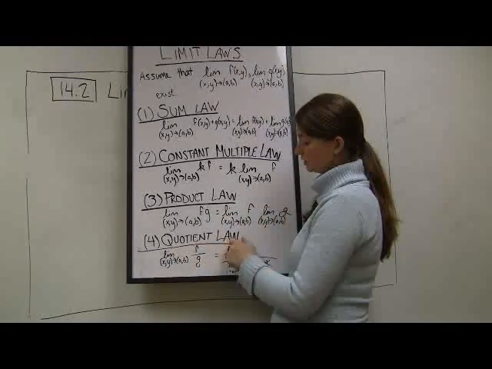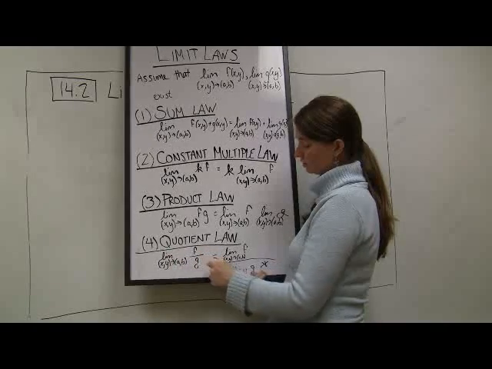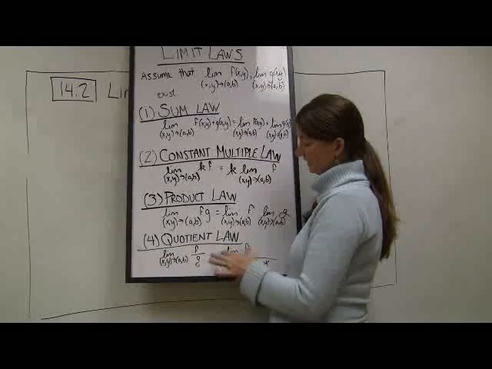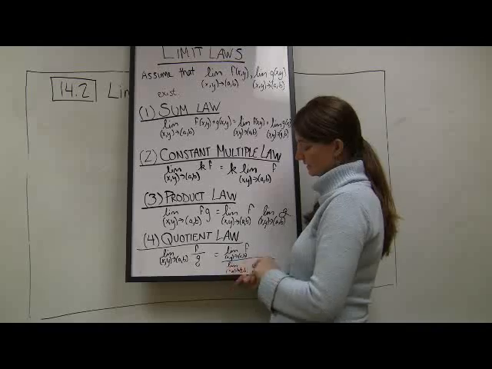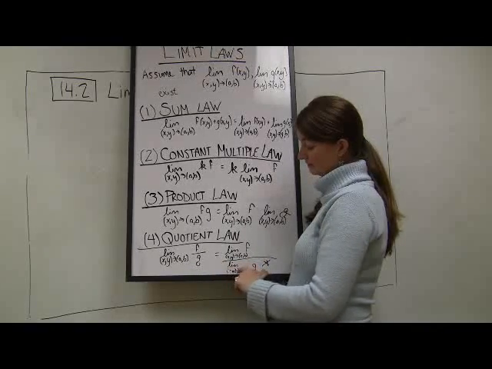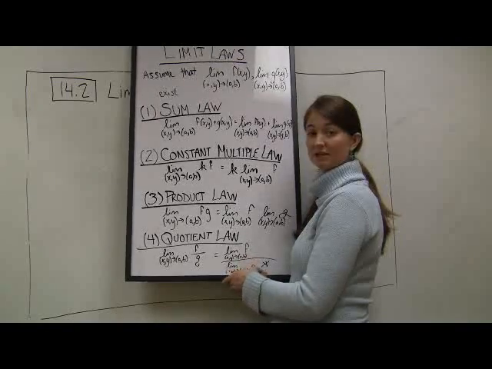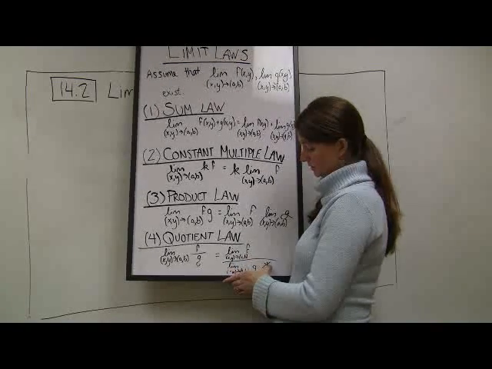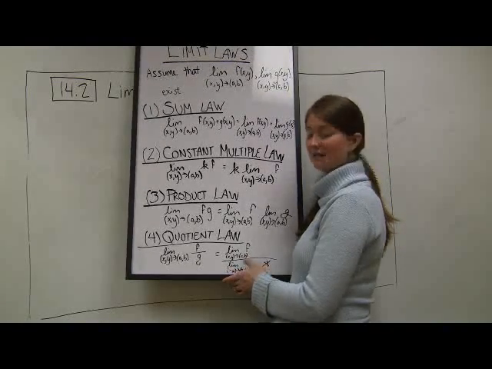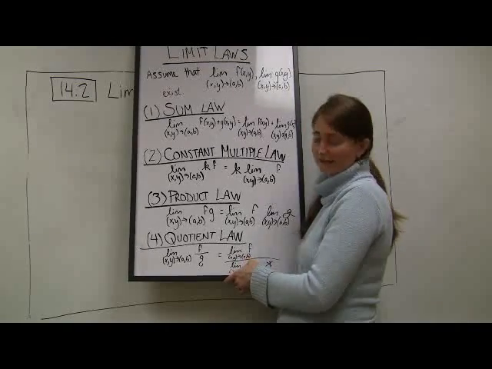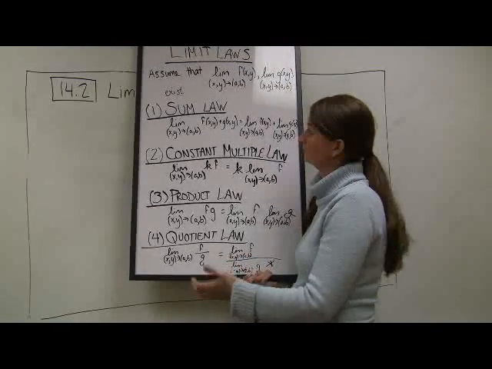And finally, our quotient law is that the limit of a quotient is going to be equal to the quotient of the two limits, assuming that the limit as xy approaches ab of g, so whatever's in the denominator, that denominator limit is not equal to 0. That's what the little star is telling us. So we can take this quotient so long as it's defined, and if this denominator is 0, then it wouldn't work out.